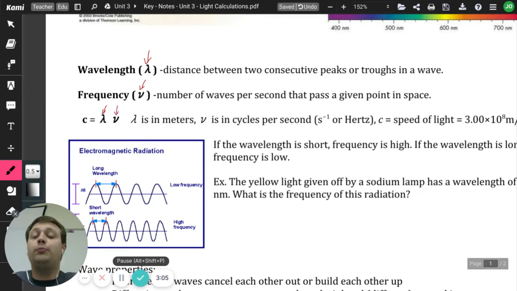Lambda is going to be in meters. So you do need to make sure that you are converting your wavelength into meters if you're given a wavelength, okay? Frequency is going to be in cycles per second. Now, cycles per second is s to the negative 1 or hertz. Hertz is just the name for s to the negative 1.